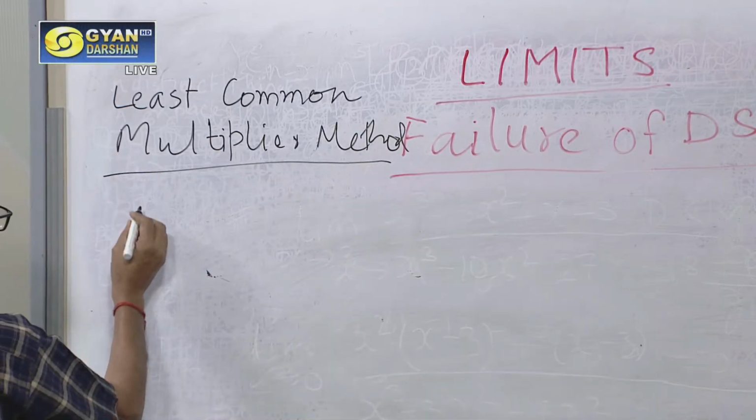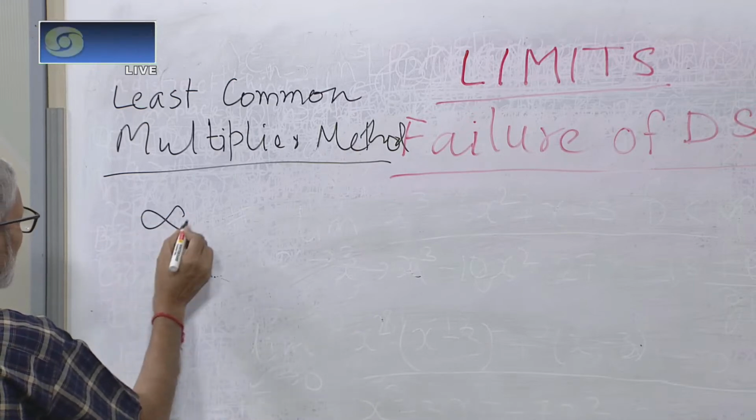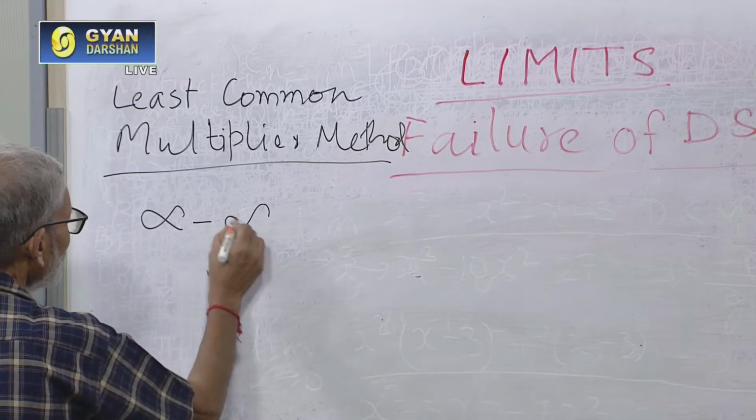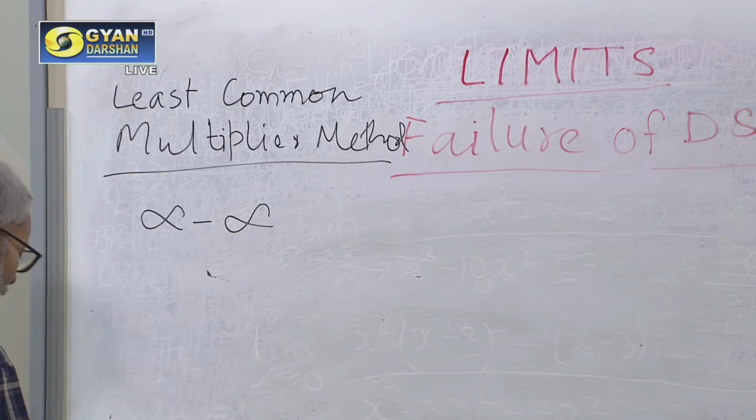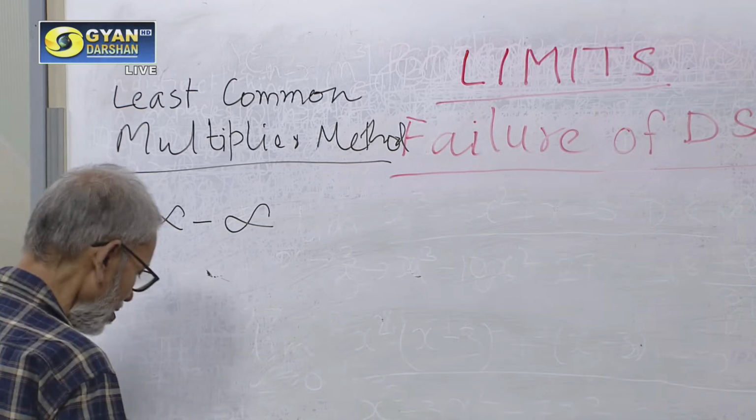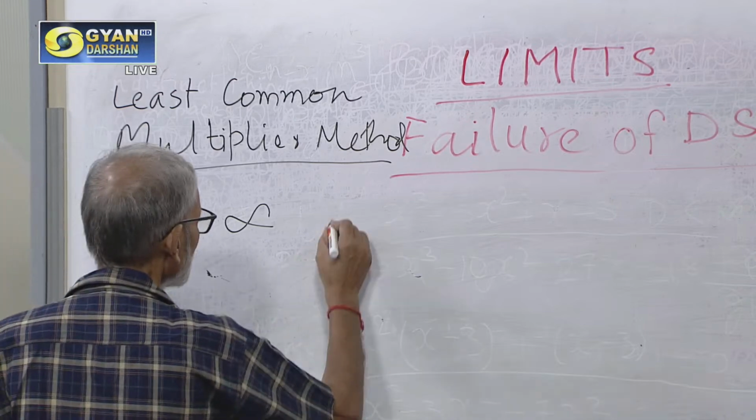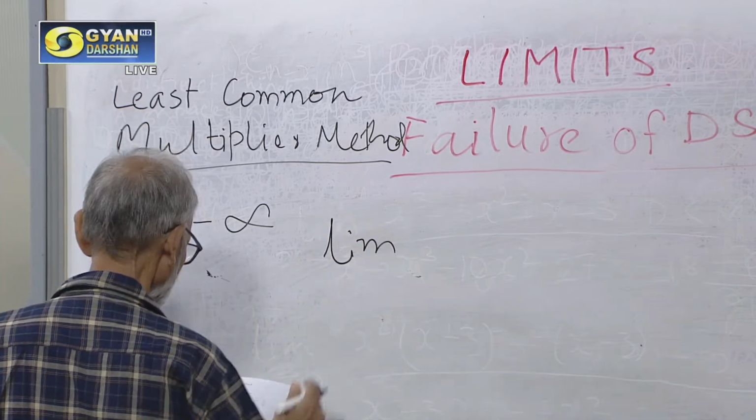If the function comes out to be in the form of infinity minus infinity, that is indeterminate, then in that case what should we do? Let us take an example.